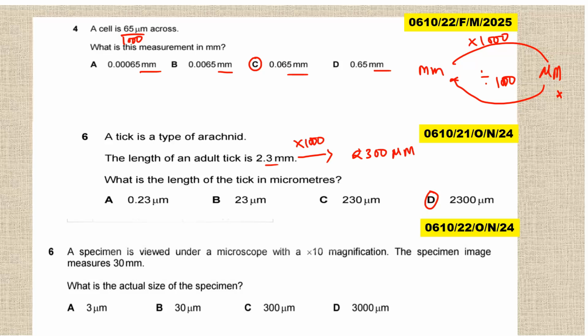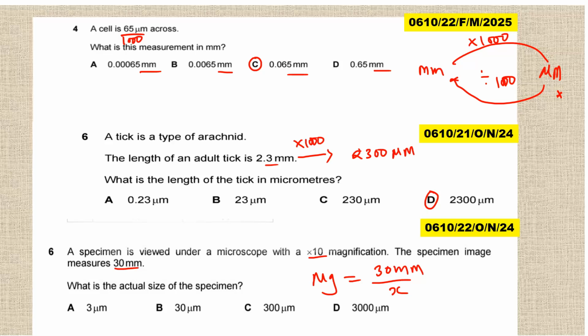I guess we are moving together and you are able to get a thing. Question 6. A specimen is viewed under a microscope with magnification times 10. The specimen image measures 30 millimeter. Then they are asking what is the actual size. So magnification is equal to image over actual size.